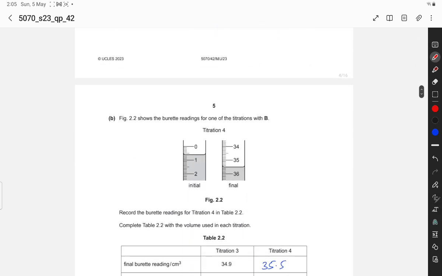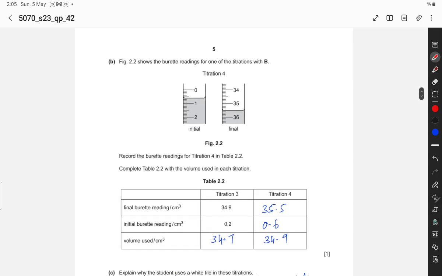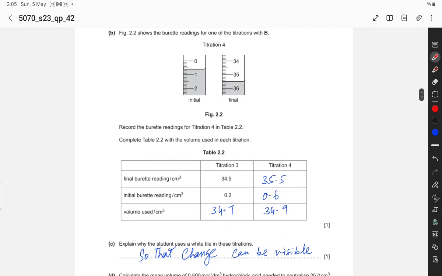Part B: Figure 2.2 shows the burette readings for one of the titrations with B. This is initial, this is final. Record the burette readings for titration 4 in table 2.2. Complete table 2.2 with the volume used in each titration. 34.9 is the final burette reading and 0.2 is the initial burette reading.